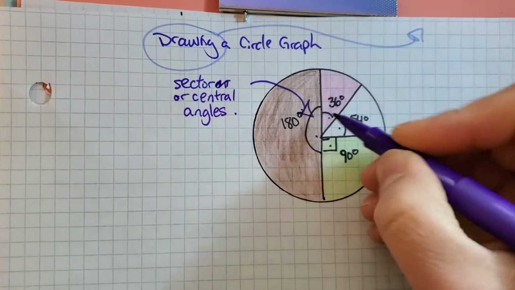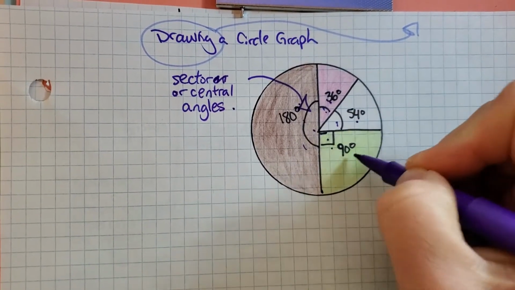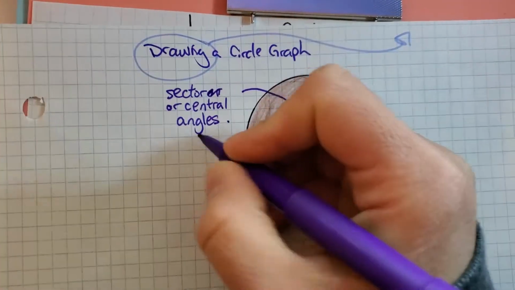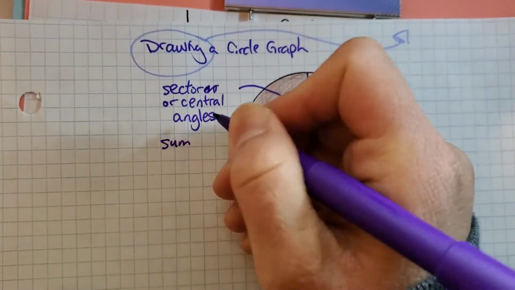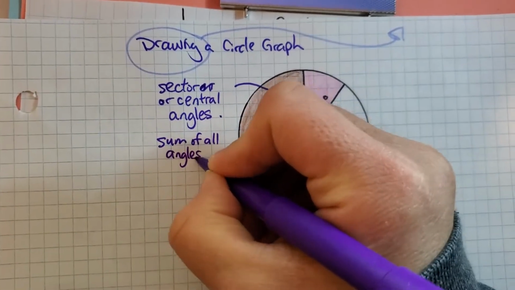And the sum of all of these angles, when you add 36 plus 54 plus 90 plus 180, you're going to get 360 because it's a circle.